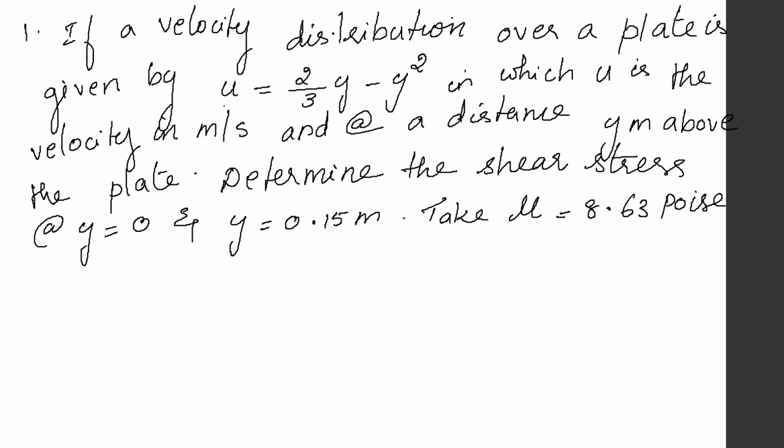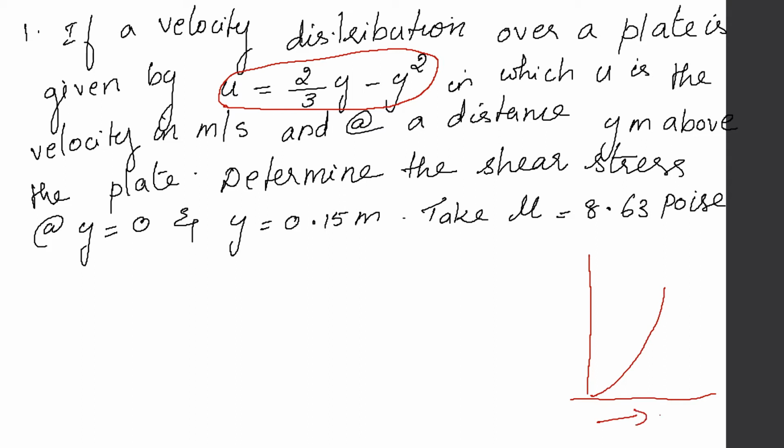So the given data in our problem is that the velocity distribution over the plate is given by u is equal to 2 by 3 y minus y square. We know our velocity profile will be drawn like this. The velocity is taken in the x direction and the distance between the layers is taken in the y direction.